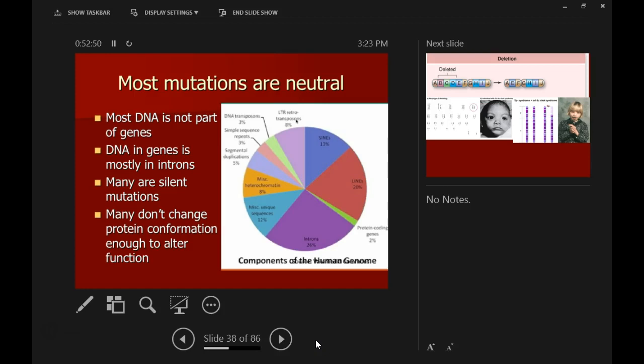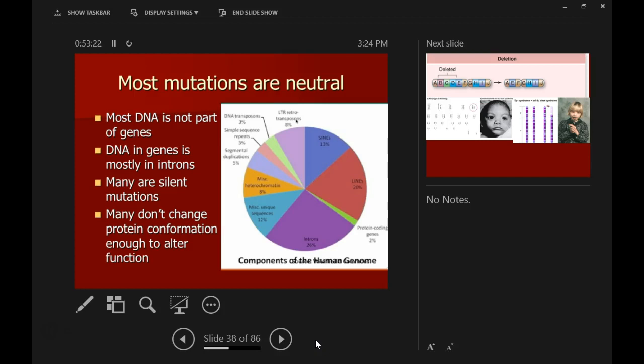Even if you do have a mutation within the protein coding genes, think about 1 out of 3 of those bases. That third base has a lot of wobble. Because you can have many different codons coding for the same amino acid, variability in that third base will often give you the same amino acid. So a lot of them are silent mutations.